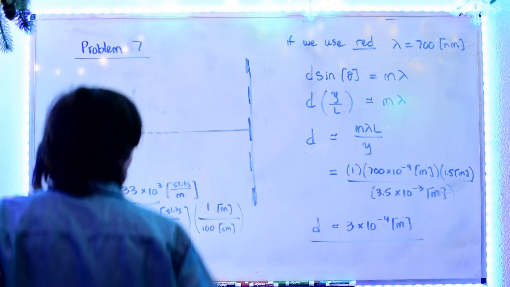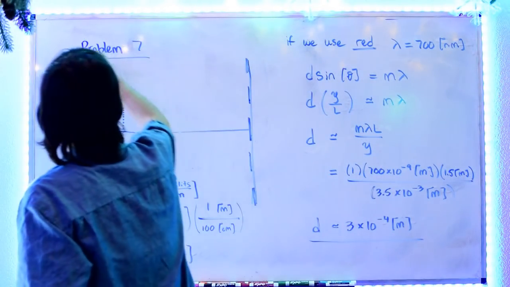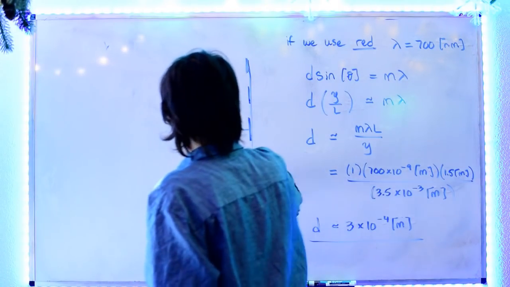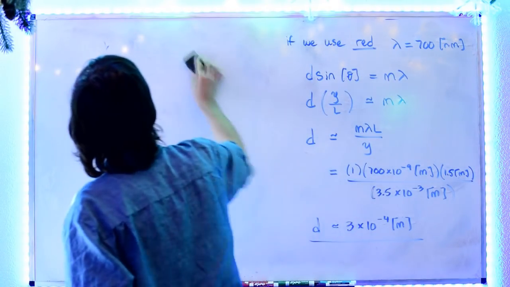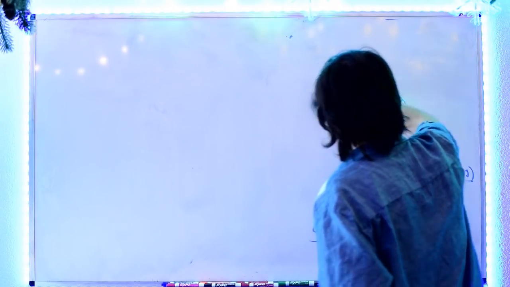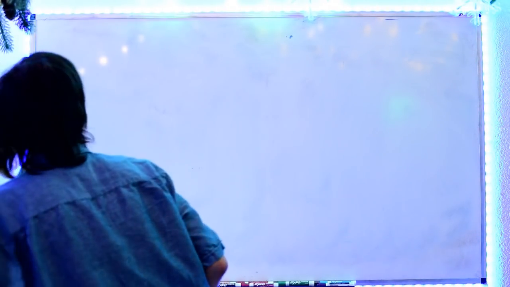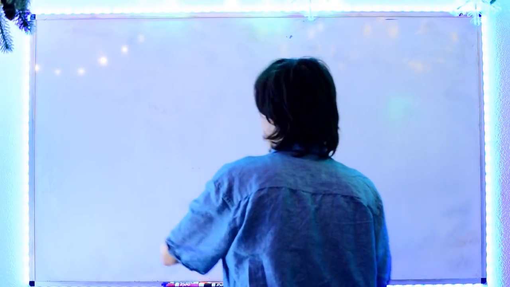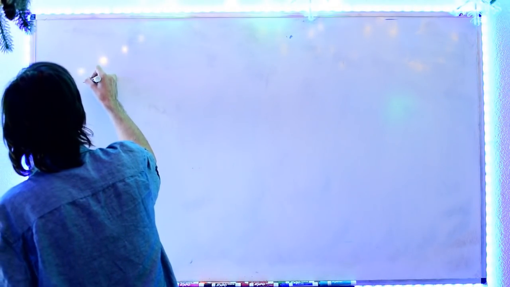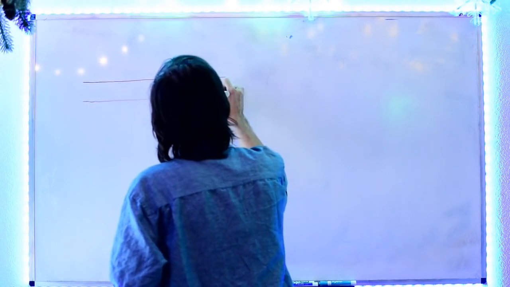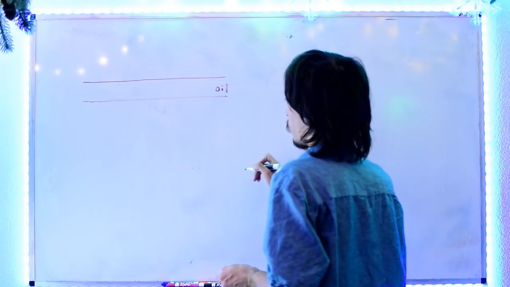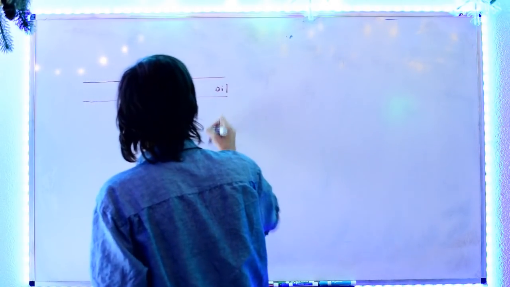Now, in these problems where the light reflects off of the surfaces, let's say, so here's the layer of oil. This could be any kind of oil, really. And then water beneath.